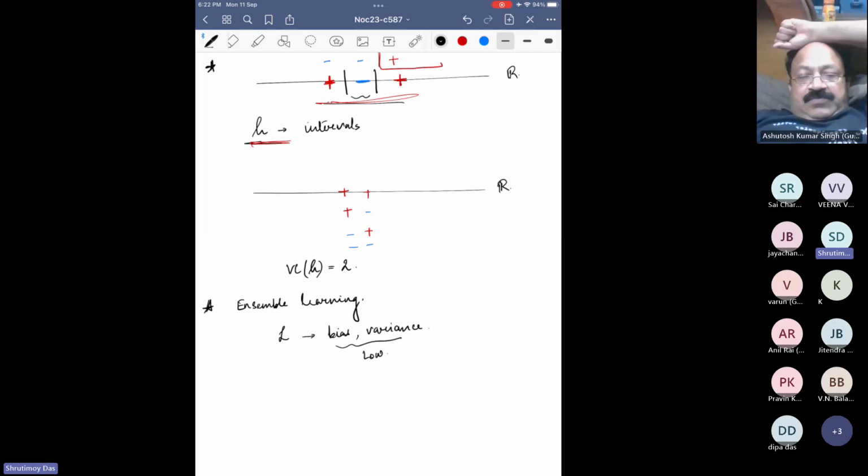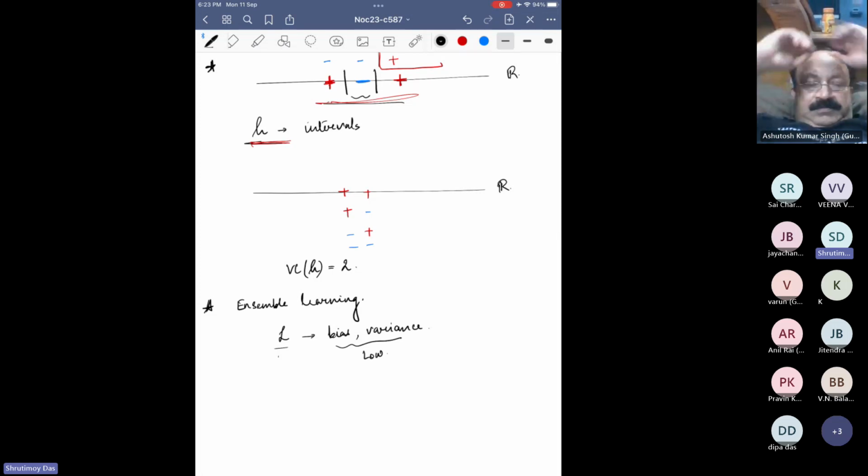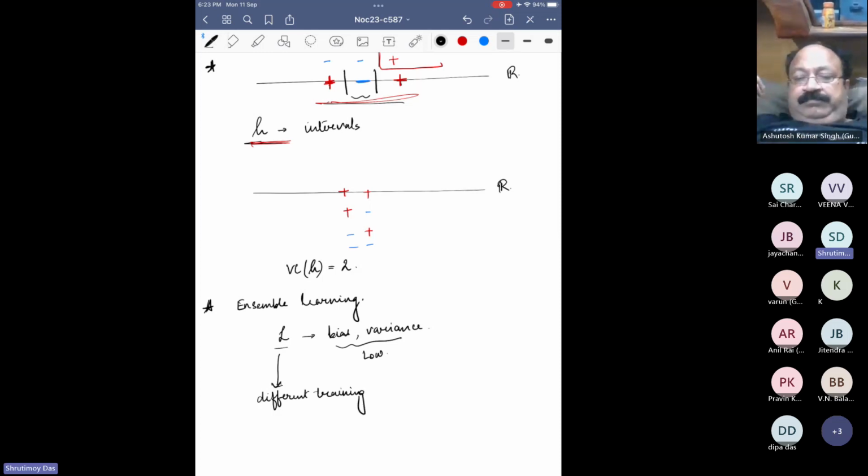Ensemble learning, instead of using only one classifier to learn the function, the relation between x and y, uses different techniques. Maybe it will use different data sets or different samples, so different training sets.